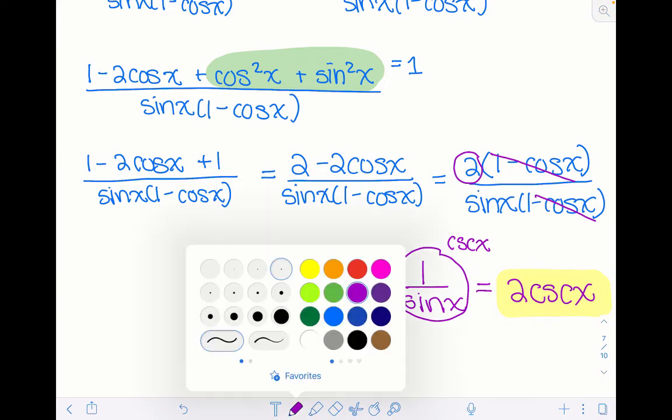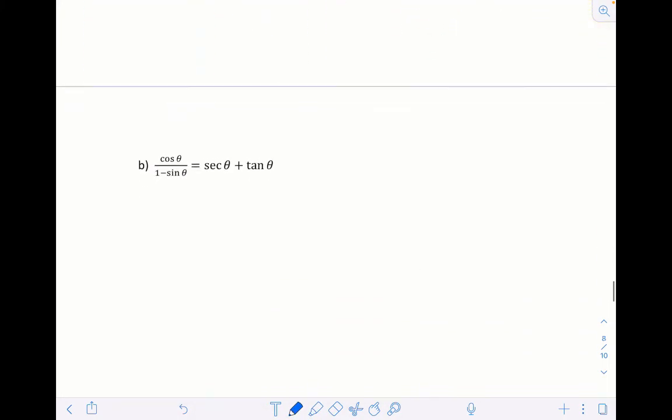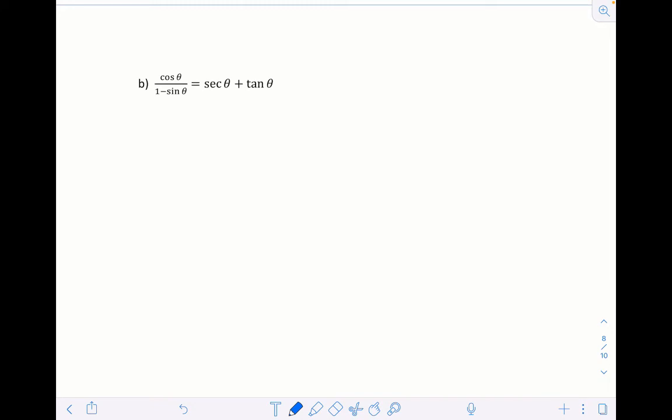Okay, let's try another one. Let's verify this identity. First, I'm going to try and maybe pick which side of the equation I want to start with.